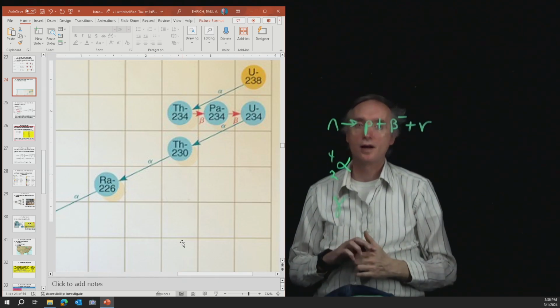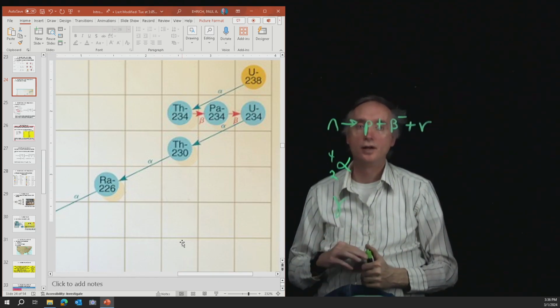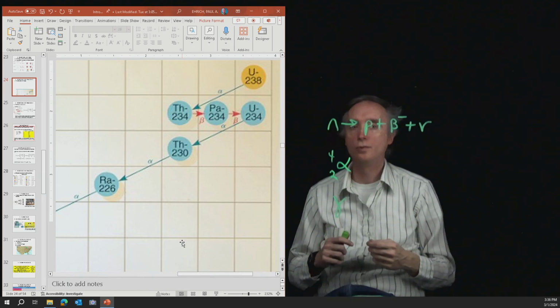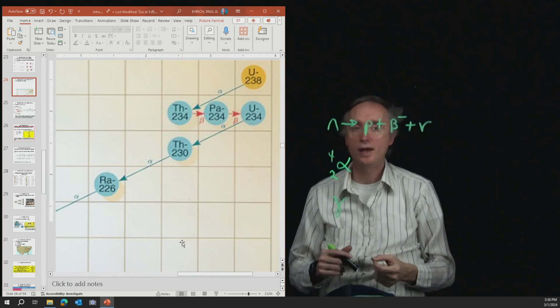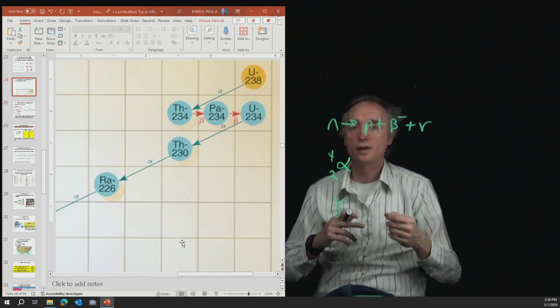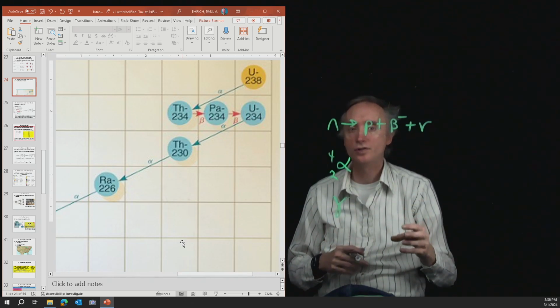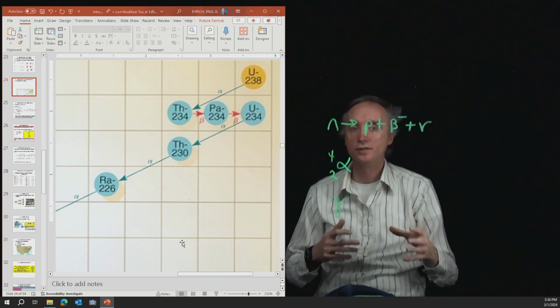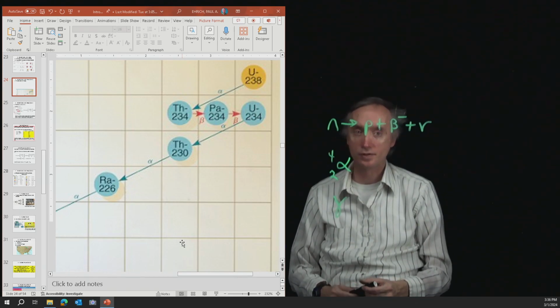So on this slide, I wanted to show you how we can start with uranium-238, and I want you to see how it sequentially turns into different kinds of substances.